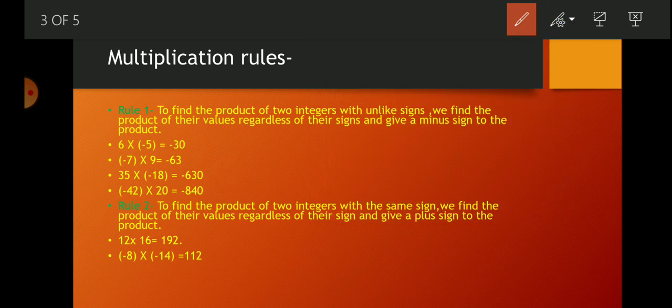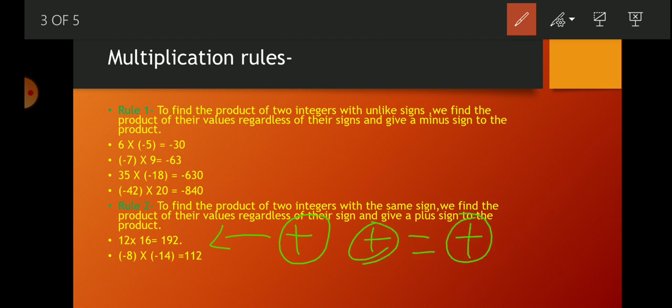Now, rule 2. To find the product of two integers with the same sign, we find the product of their values regardless of their sign and give a plus sign to the product. 12 multiplied by 16. Both numbers are positive, so our answer will be positive.